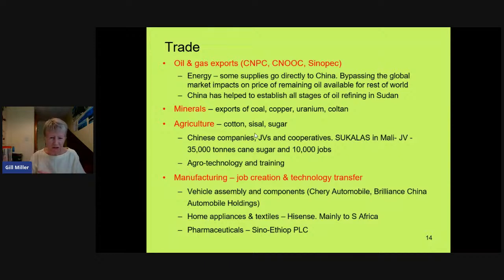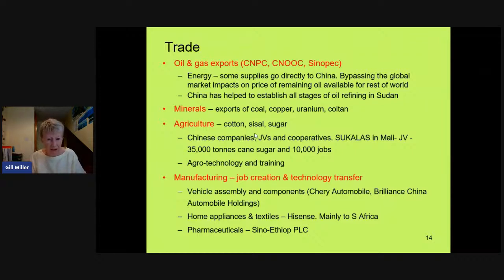So Chinese firms will come in and they will link up with local firms and cooperatives and begin to work on a large scale. There's an example there of Sukala in Mali, a joint venture, 10,000 jobs, because of the investment from the Chinese companies into what was already existing in Africa, making it more efficient, moving to industrial farming and all that agricultural technology and all the training which China can bring into Mali and Kenya and Ghana and so on.